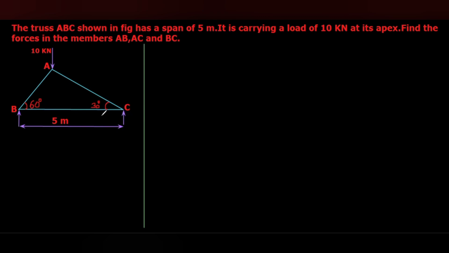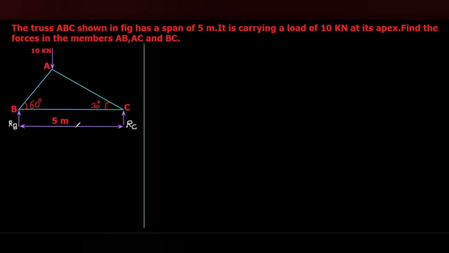Okay. We have to find the forces in the members AB, AC and also BC. Okay. So here this truss is supported at both the ends B and C. It is simply supported. So at point B and C, the reaction forces will act. That is the RB and RC. These two are the unknown forces which are required to be calculated.